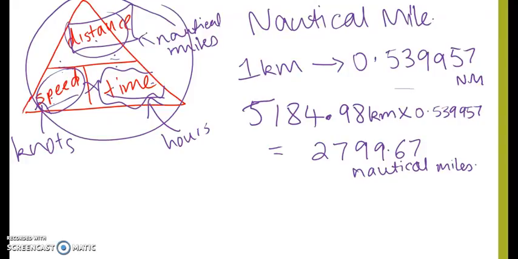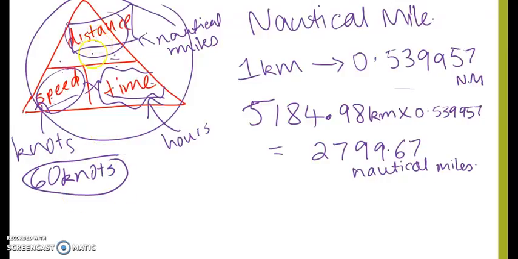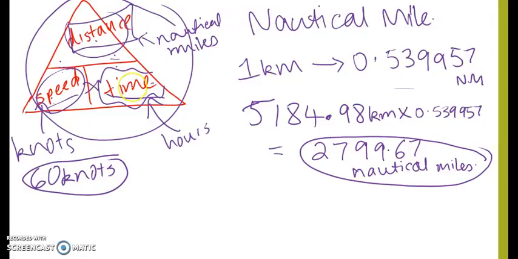Say we are traveling at 60 knots. The flying boat might travel at 60 knots. We've just worked out how many nautical miles need to be travelled. We might be asked how long that should take us. Let's use this triangle to create a formula for time. Time is equal to distance over speed.